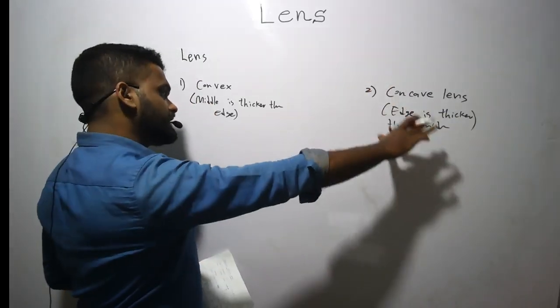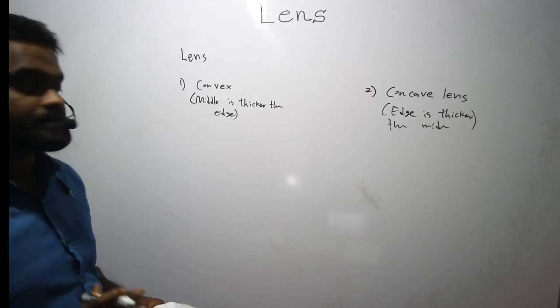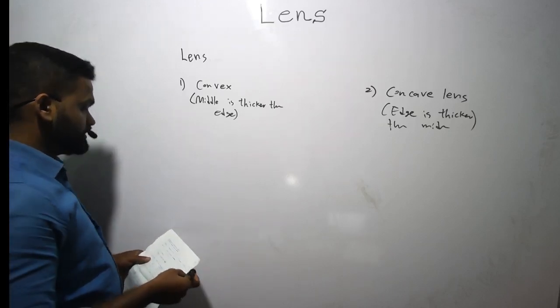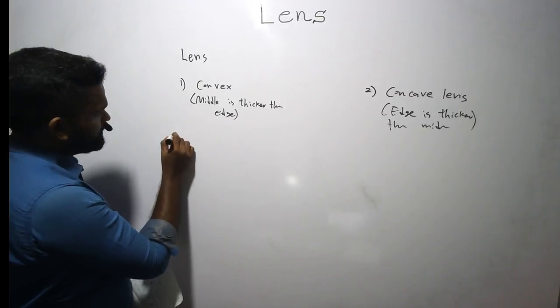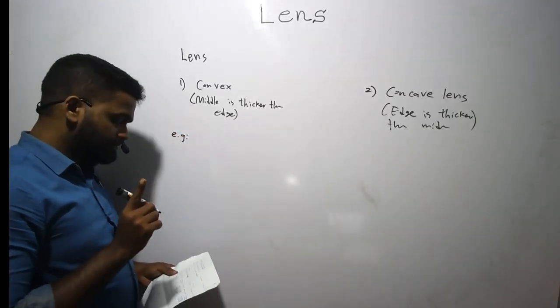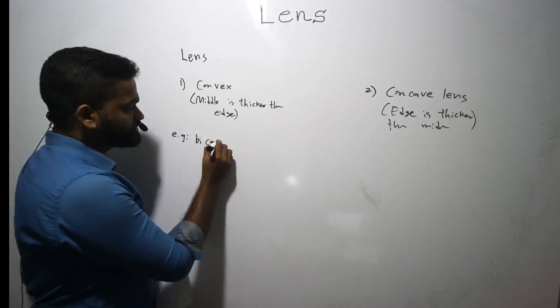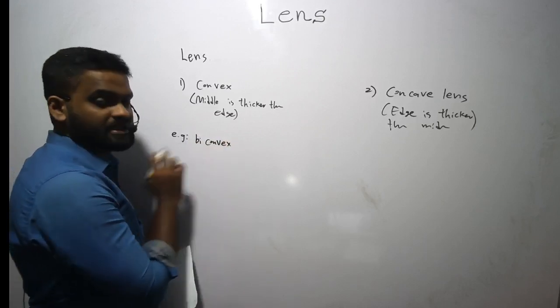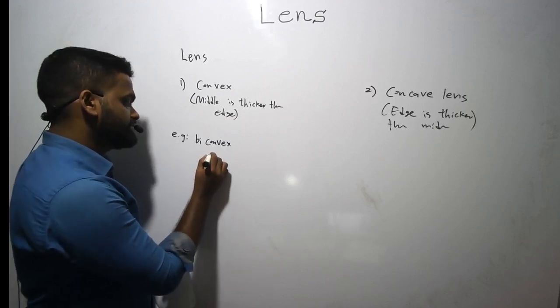You can take notes with me, and if you have any problem, send a message. For a convex lens, these are the examples. The simplest form of convex lens is what we call a biconvex. The shape of that lens is like this.